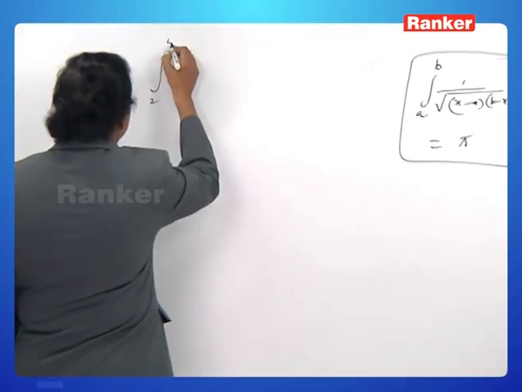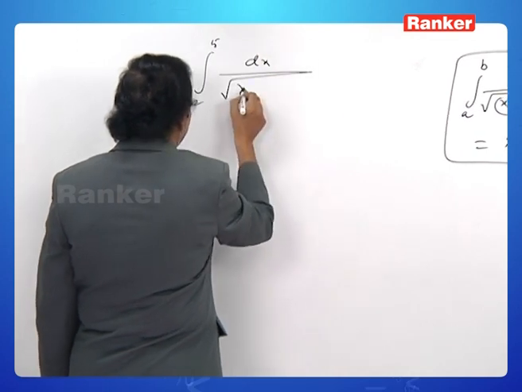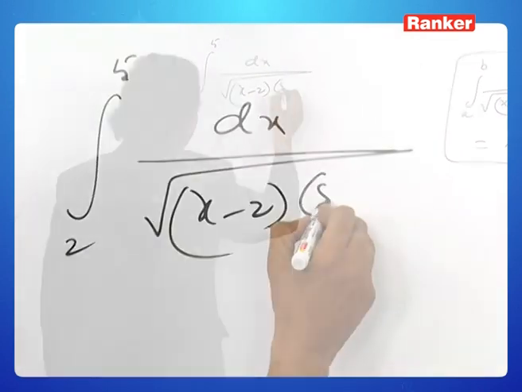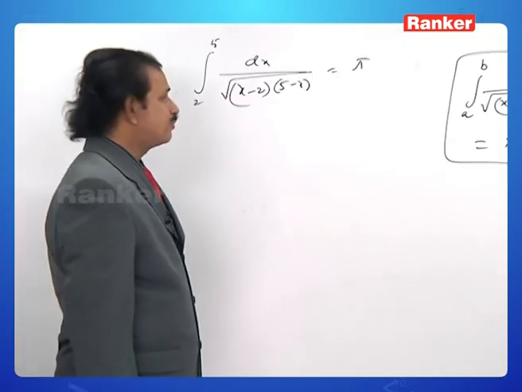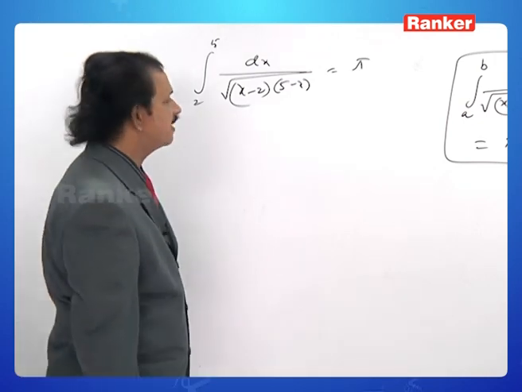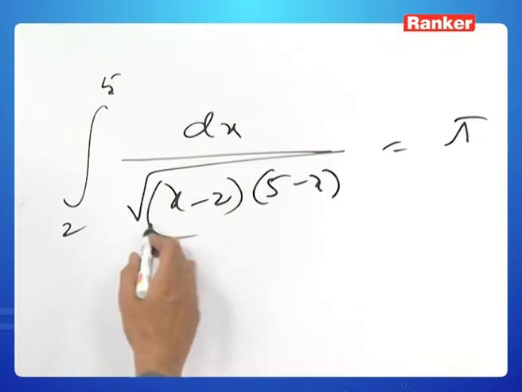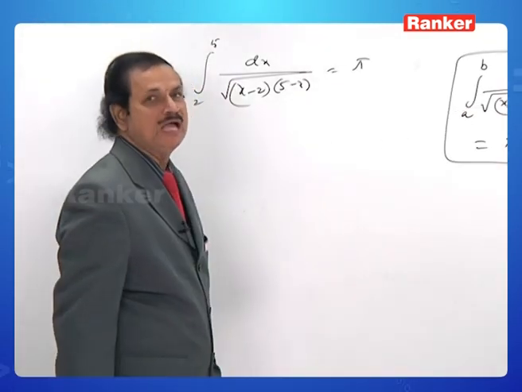Integral 2 to pi dx by root of x minus 2 into pi minus x. Come on. This problem directly is given in terms of the standard form, isn't it? x minus a, b minus x, a, b.